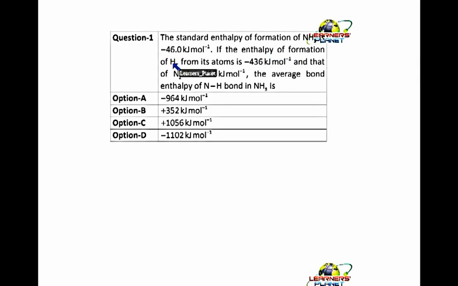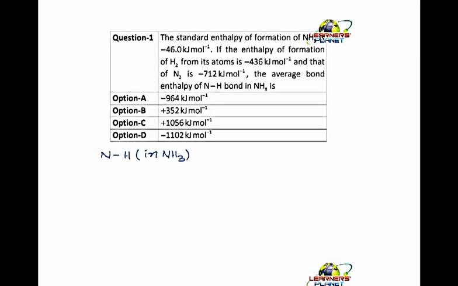If the enthalpy of formation of hydrogen from its atoms is minus 436 kilojoule per mole and that of nitrogen is minus 712 kilojoule per mole, the average bond enthalpy of the NH bond in ammonia is... So what do you have to find out? You have to find out the bond energy of the NH bond in ammonia, right?